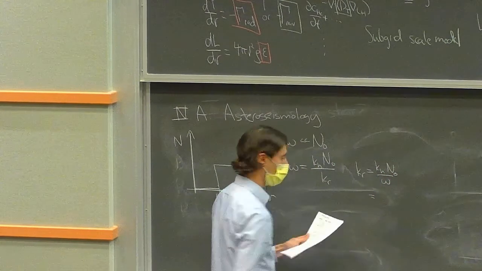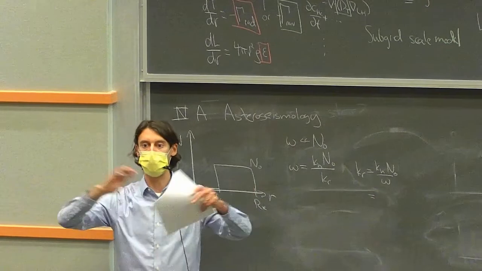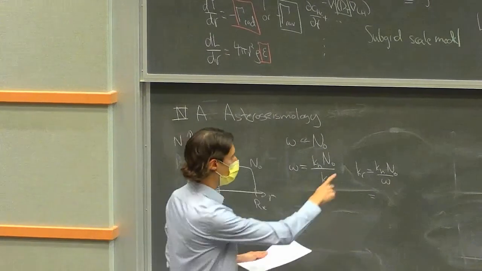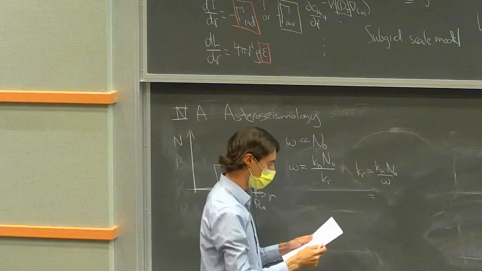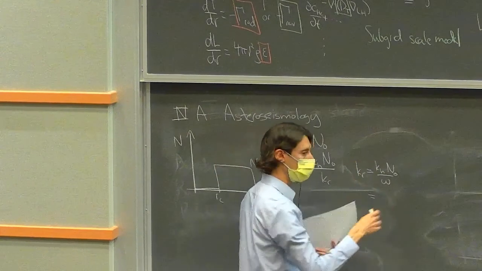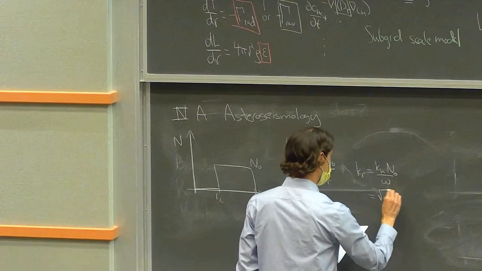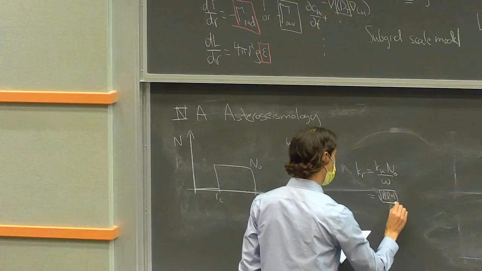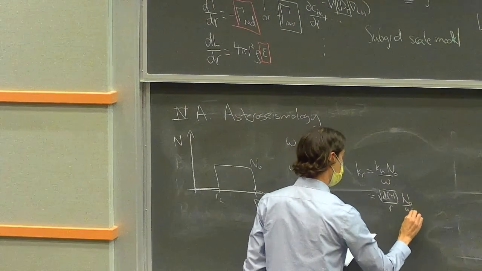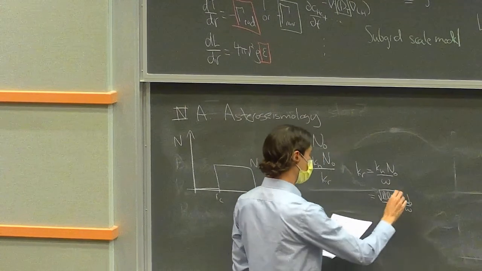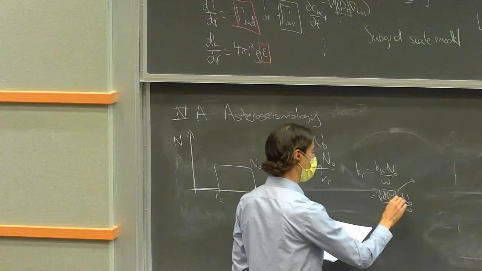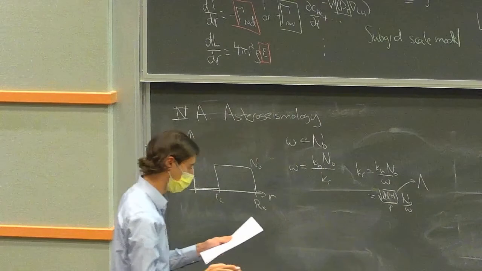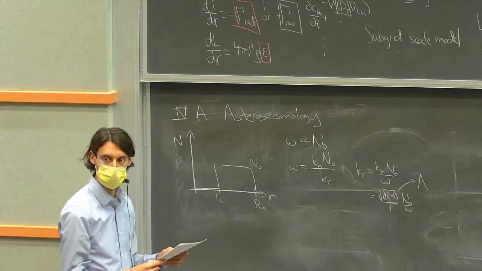For the angular part of the wave, remember that these are given by spherical harmonics. So when you take angular derivatives, that's related to the spherical harmonic degree. So k_h is going to be the square root of L times L plus 1, over R, times N naught over omega. And for notational simplicity, this combination, the square root of L times L plus 1, I'm going to call capital lambda from now on, because it's going to show up.